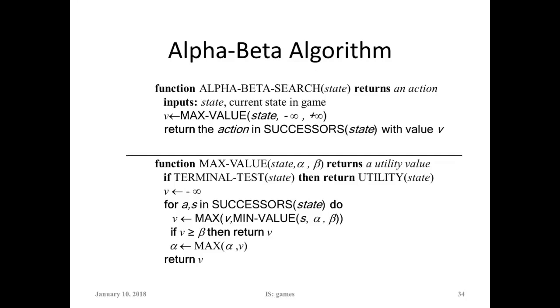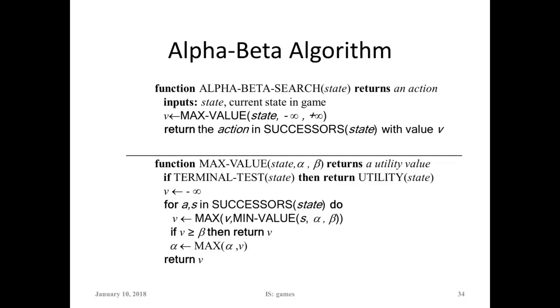And it returns the value, a utility value or a heuristic value, whatever you choose, by first checking whether you are at a goal state. Is it a goal state or a terminal state? So if you have a cutoff of, say, depth 5, have we reached this terminal position so that we are not exploring it any further?